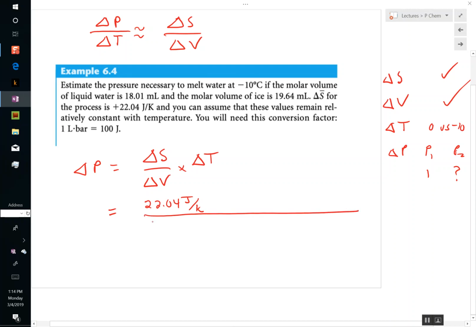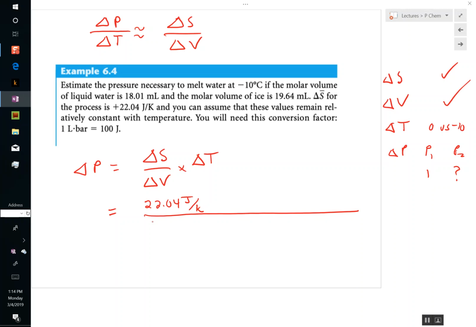Delta V, maybe final minus initial, right? Yeah, so final is going to be the liquid water, right? Yeah, the liquid water.